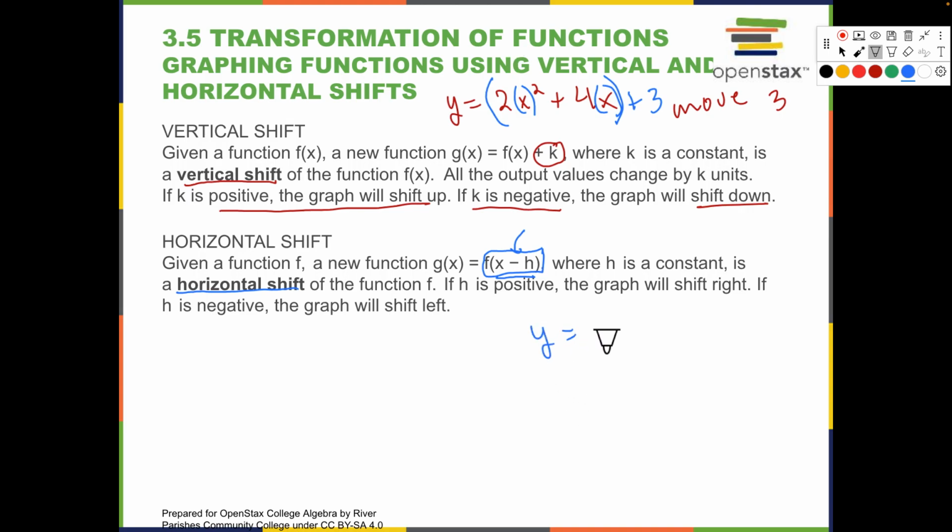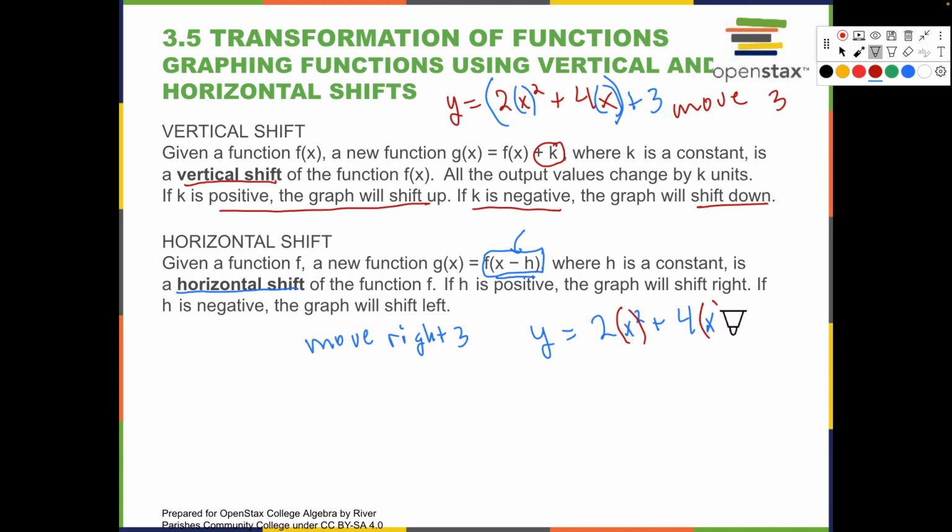If they gave us something like y equals 2x squared plus 4x, and they want a horizontal translation by, say, 3, let's move it to the right 3. To move it to the right, in the positive direction, we're actually going to need to subtract 3, right? So while they don't have the parentheses, we know it has to happen inside the function.